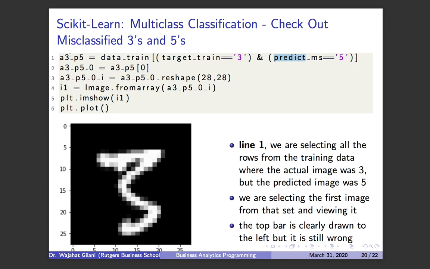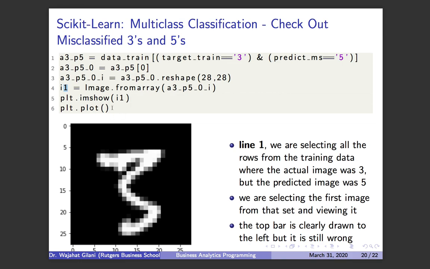And so A3 underscore, again, A stands for actual, P stands for predicted, actual 3 predicted 5 is going to give you all the images that were actually 3 but were predicted to be 5. From here, I create another variable, and I simply take out of that set just the first image. Just like we did before with our sum digit, I take that first image, reshape it into a 28 by 28 NumPy array, so I can call my image object and convert it into an image I1, and then I graph it.